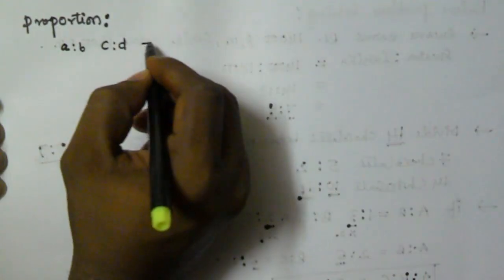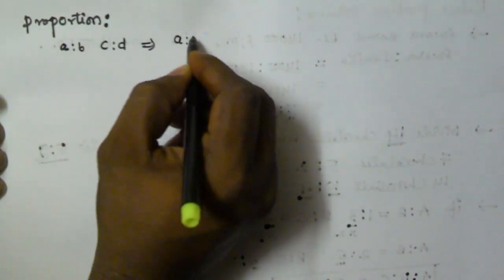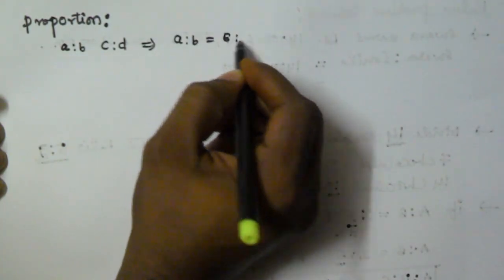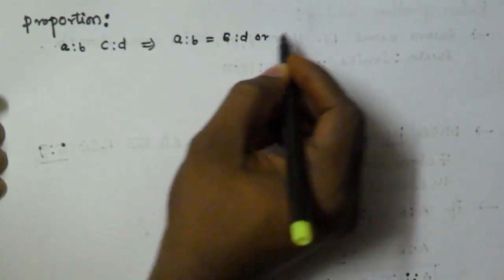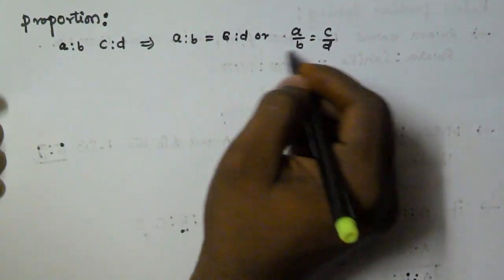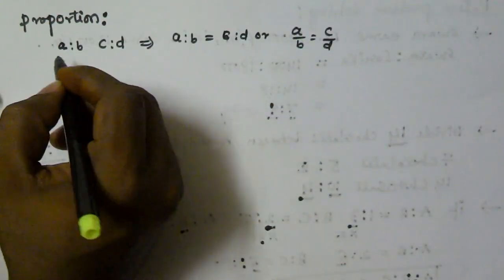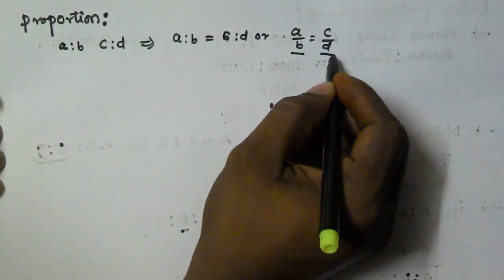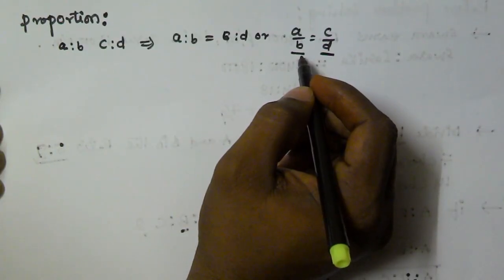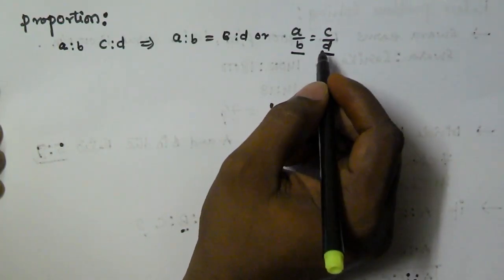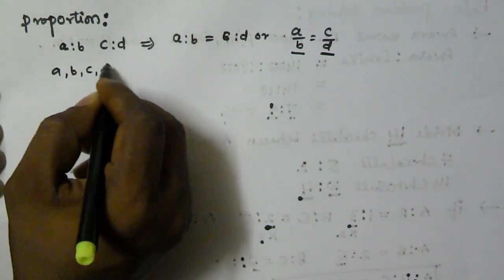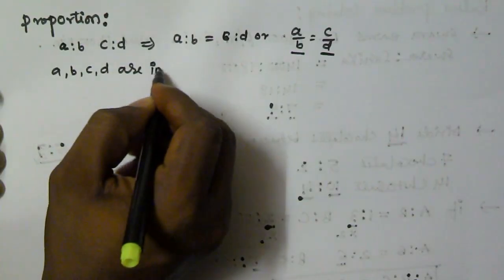So in that case we write A colon B equivalent to C colon D, or A by B is equal to C by D. So this is called as a proportion. So an equality of two ratios is called as a proportion, and we say that the four numbers A, B and C, D are in proportion.